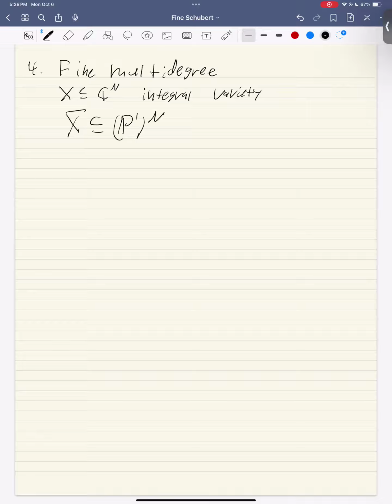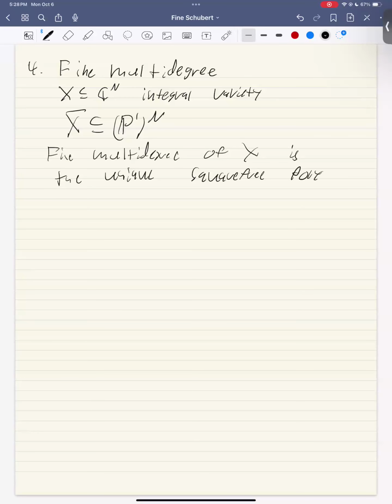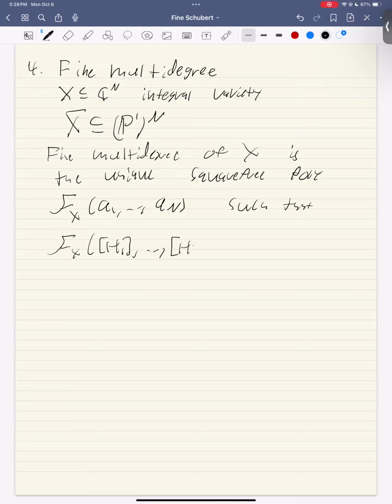And then I can define the fine multi-degree of X, which is the unique square-free polynomial f_X in variables a1 through an, such that f_X evaluated at h, the obvious generators of the cohomology, cap with the fundamental class, is equal to the class of the closure of X.